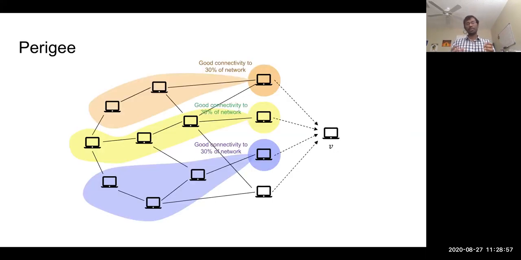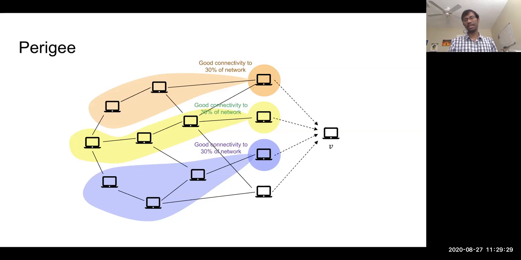Now, the reason that we assign scores to subsets of neighbors and not to individual neighbors is because a node V really only cares about receiving blocks fast from its neighbors. It doesn't care which of the neighbors forwards the block to it. For example, in this picture here, the node on the top can have very good connectivity to just 30% of the network, and it could have terrible connectivity to the rest of the network.